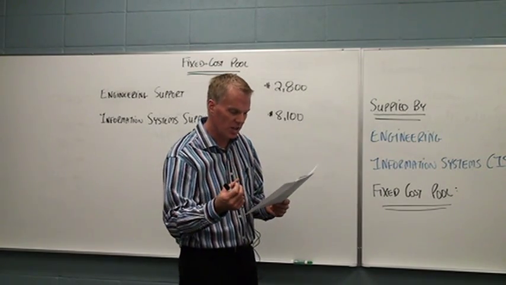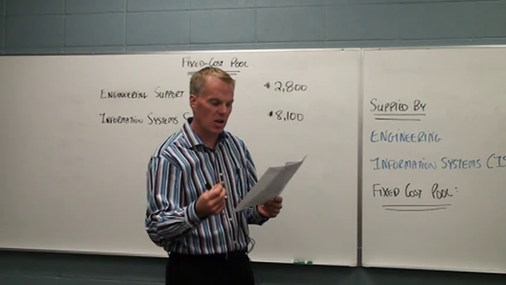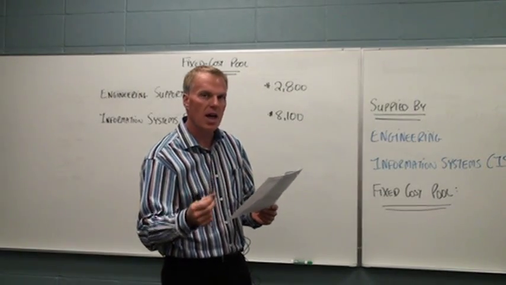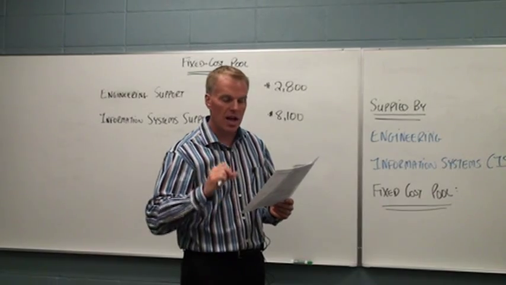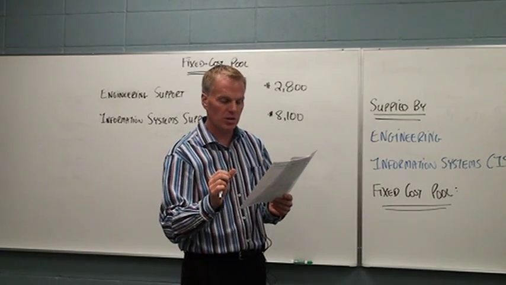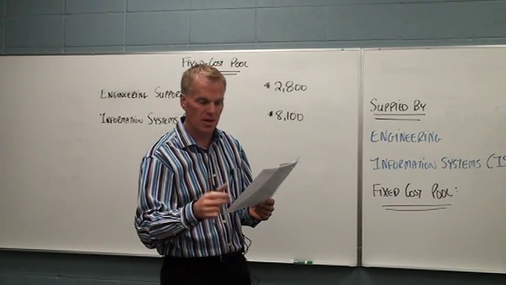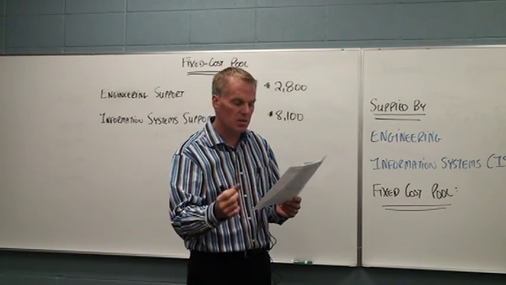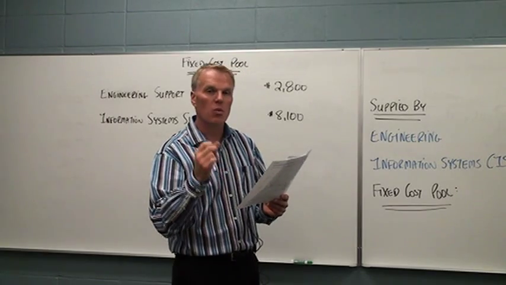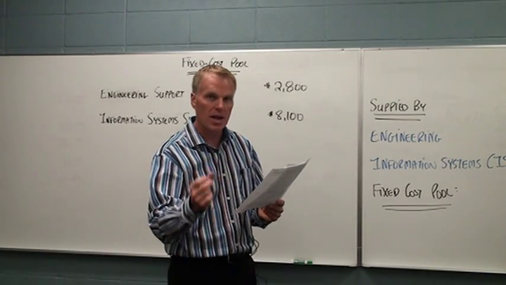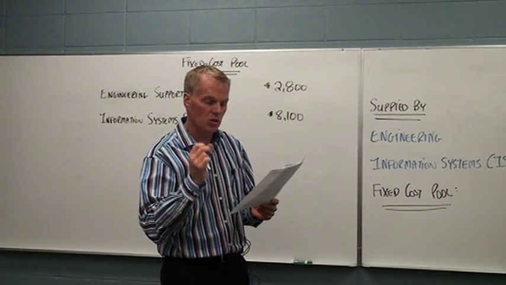So when we finish this, we can allocate these costs to our two systems, and then we can analyze how profitable our home security system is when we compare that to our business security system. And again, these two systems receive support, and we want to allocate that support based on their usage.